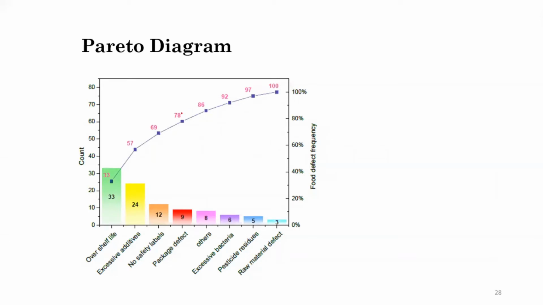So for example here you could identify the one that's closer to 78% or 80%, as we follow the Pareto principle. So you could focus on these 4 defects and eliminate 78% of the effect.